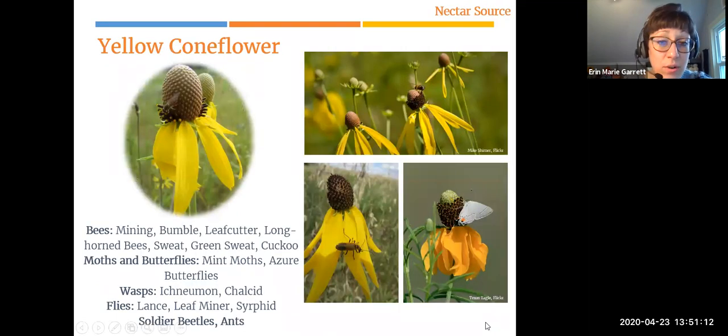And as a nectar source, again, numerous different bees, several different moths and butterflies. We've got a couple types of wasps that are going to visit yellow coneflower, some flies. Typically, I see a ton of soldier beetles all over yellow coneflower. That's the standard insect visitor that I see on that one.